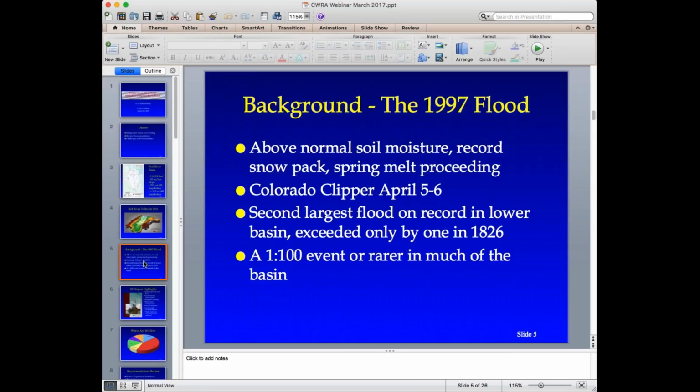So people at this time of year know full well whether there's a high likelihood of a flood. But what really changed things in 1997 was a Colorado low that came out of the southwest United States and dropped a lot of rain, ice pellets, and snow, depending on where you were in the Red River Basin, around the beginning of April.